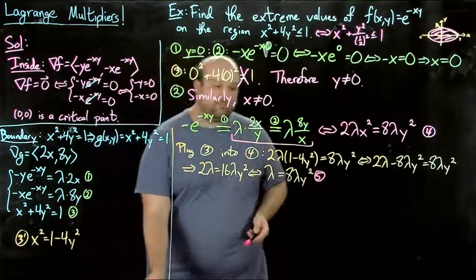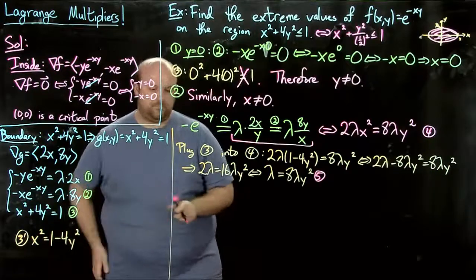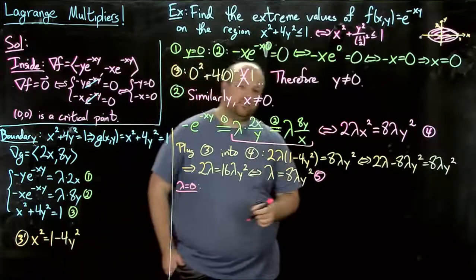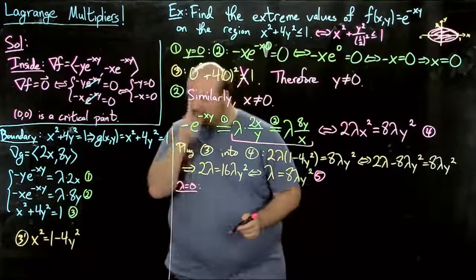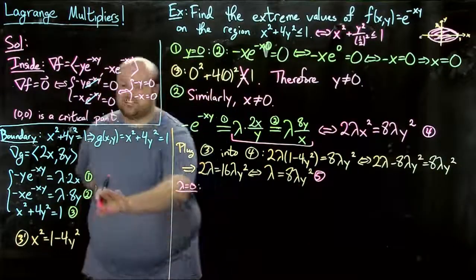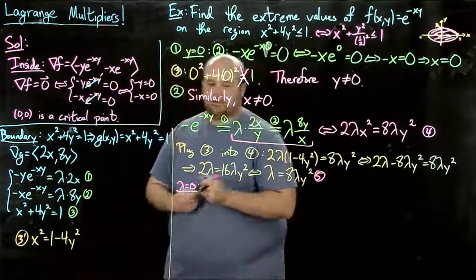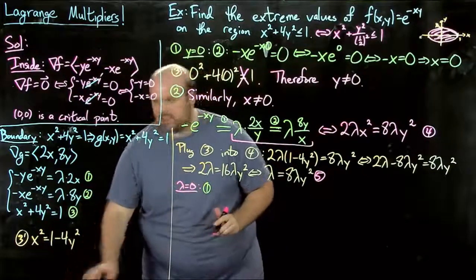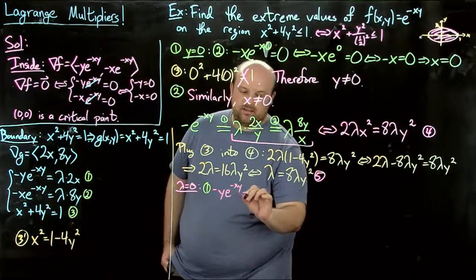So let's see what happens first if lambda is 0. Okay? So if lambda is 0, then this equation is true no matter what. But then we go over to, let's say, equation 1. Right? So if lambda is 0, equation 1 tells us that negative y e to the minus xy is 0.